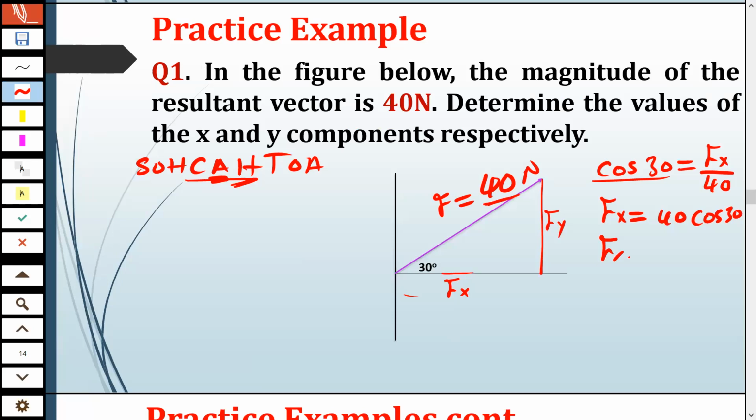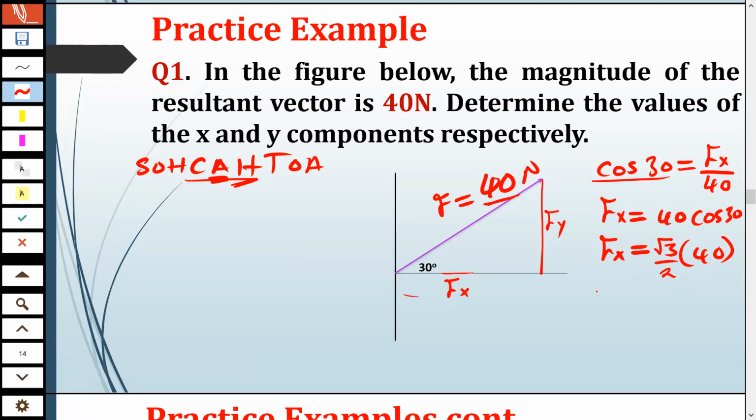So for the force in the x we need cos 30. You can use a calculator because it's physics, but if it's mathematics, you use the special angles. The value for cos 30 in special angles is simply the root of 3 over 2. Then you multiply it by 40. But if you have a calculator, you can simply use a calculator.